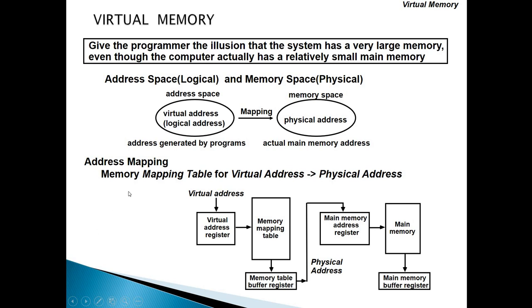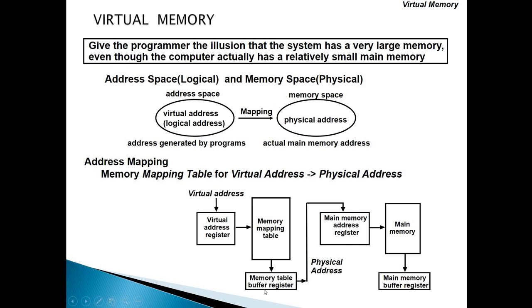We'll see the address mapping, how the virtual address is converted into the actual physical address, as represented in this table. The CPU is going to provide the actual virtual address which is stored in the virtual address register. Then that address register is transferred to the memory mapping table, which is going to reduce the virtual address into a physical address.